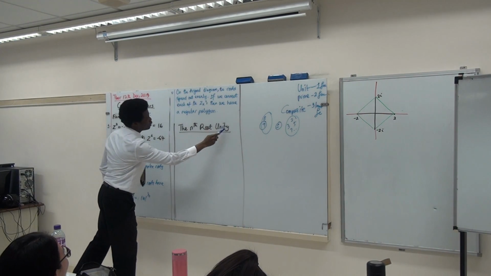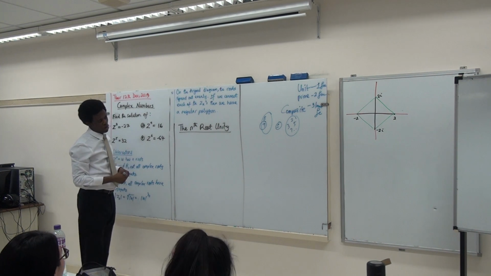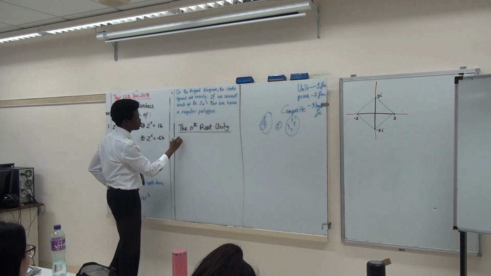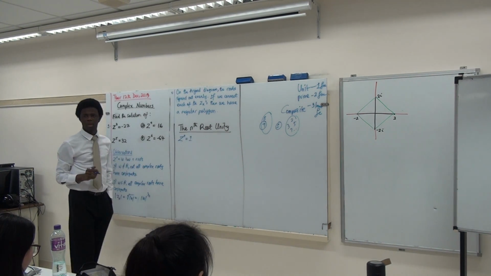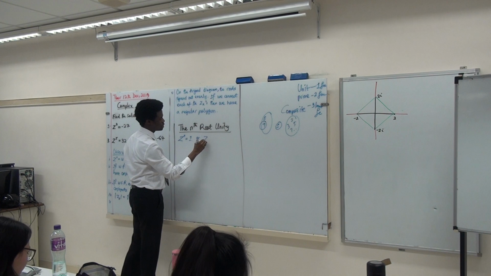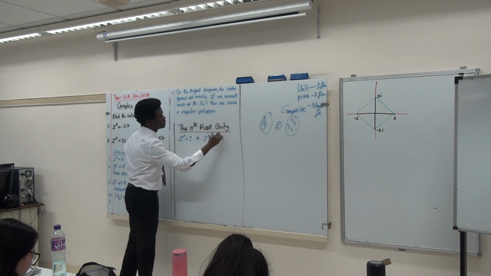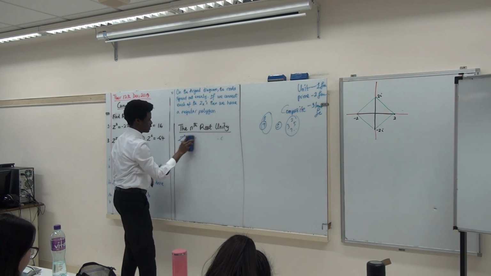So when we talk about Nth root of unity, we are talking about the root of 1, which means we are interested in solutions of an equation of this form. Or we're interested in solving something like this. Okay, let me write it as a statement.